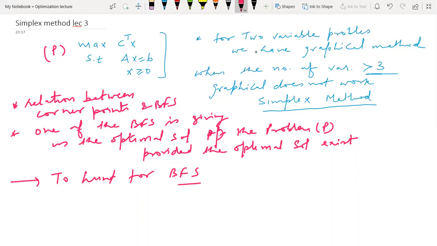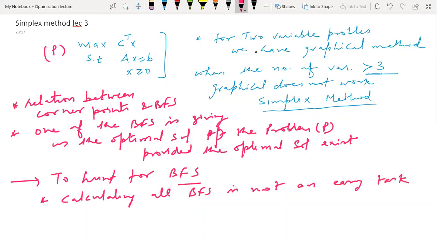Then again we discussed that calculating all basic feasible solutions is not an easy task, or in fact sometimes impossible.